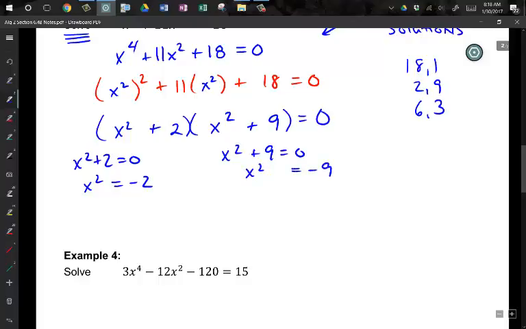Do what to both sides? We take the square root of both sides, and when you take 2 square roots, you have what? 2 answers. Remember this? 2 square roots, two answers. And so we're going to put square roots over both sides. And when I do that, remember, what do you have?